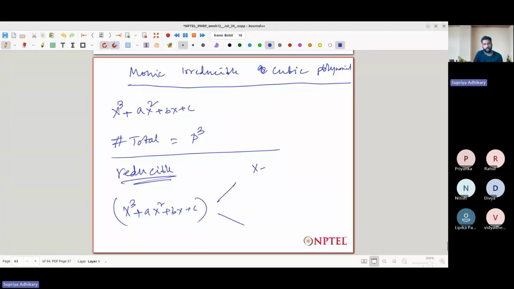There can be one way that this can be factored like this: x minus a, x minus b, and x minus c, in this way.